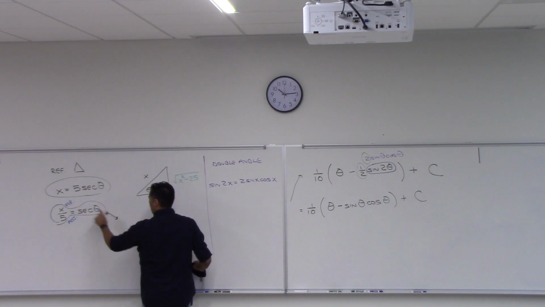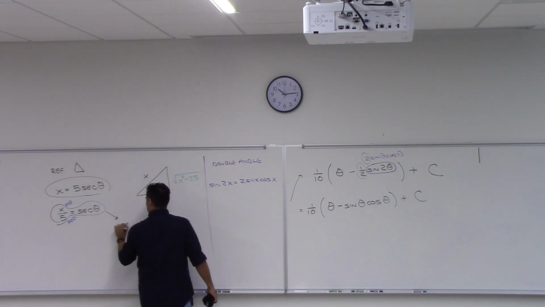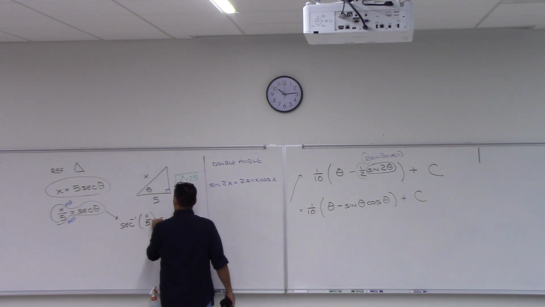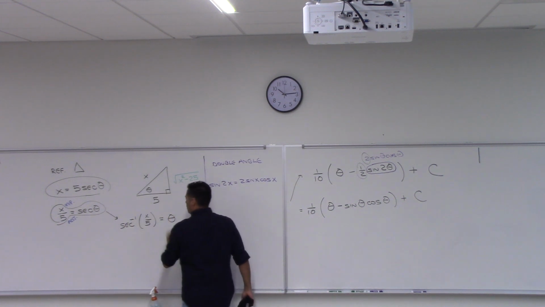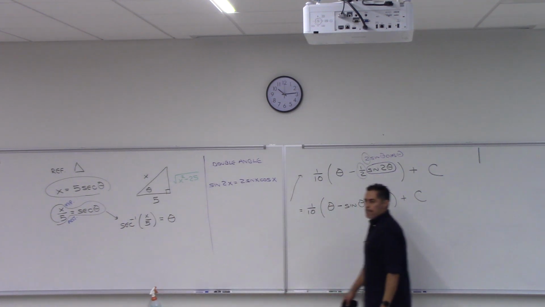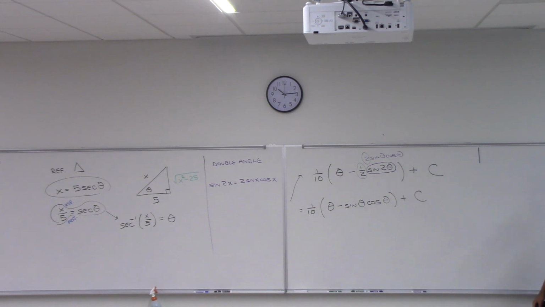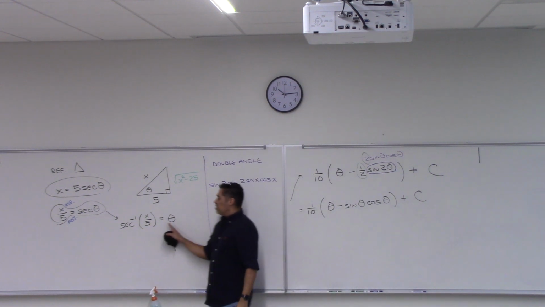What's the inverse of secant? Secant inverse, right? So I'm going to do secant inverse on the left side. And then equals, when you do secant inverse with secant, they go away and you just get the theta, don't you? So I'm doing secant inverse on both sides. And that gives me an expression to replace theta with that is in terms of x.